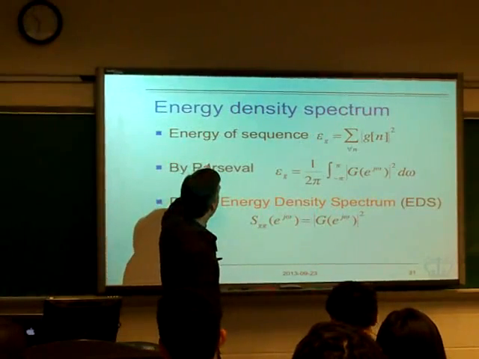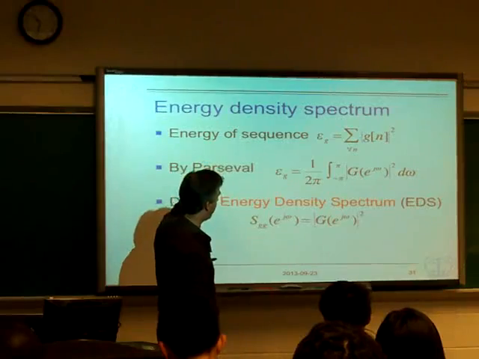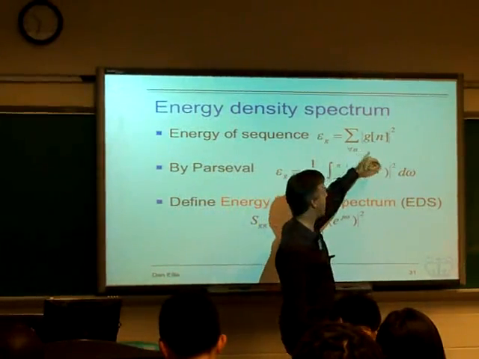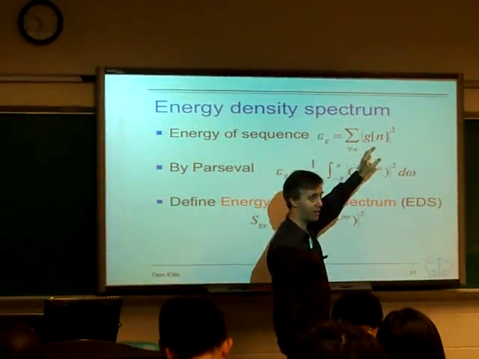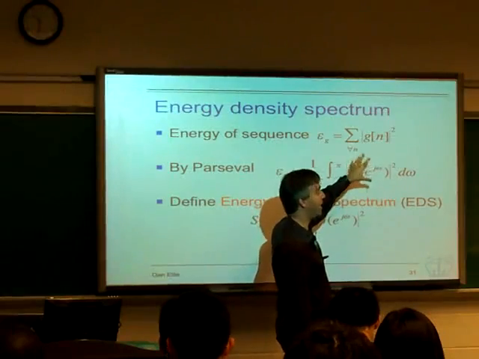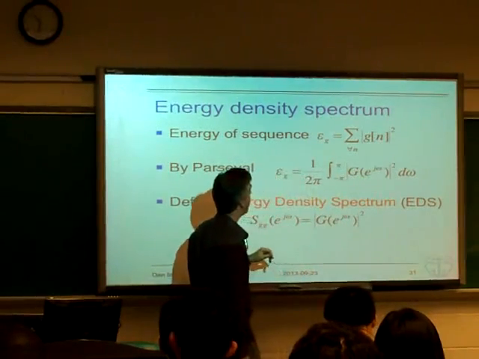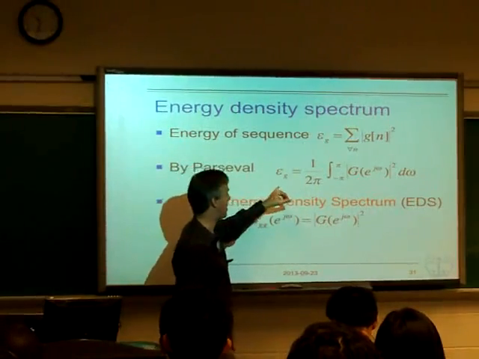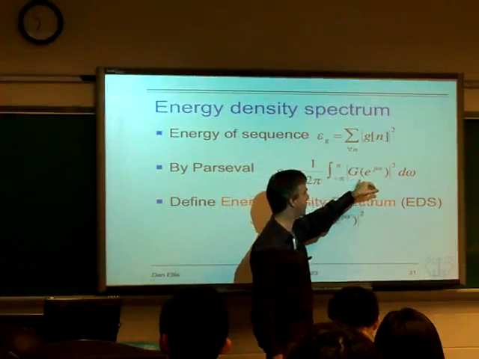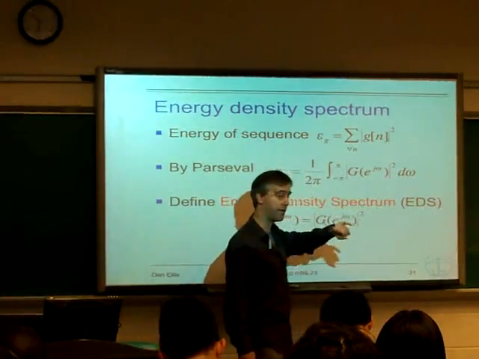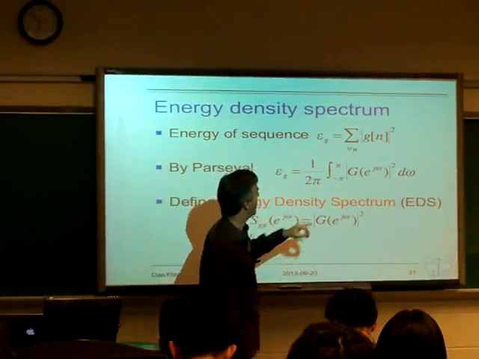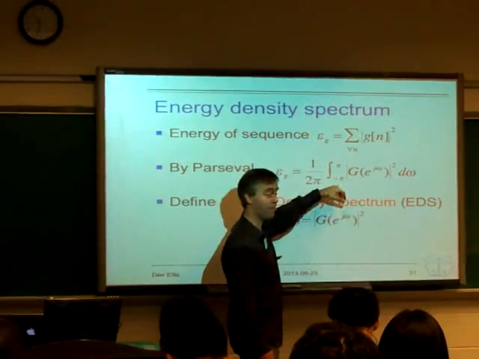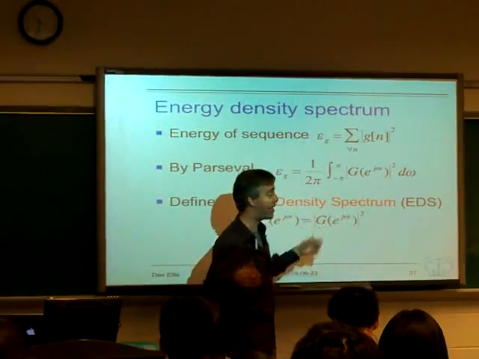So just to follow that through, we can define the energy of a sequence as the sum over all time of its squared values. Hopefully if it's finite length, this will be a finite value. And we just saw by Parseval's relation that that's the same as the integral of the magnitude squared of its spectrum over all frequencies. Because this is a periodic spectrum, all frequencies is just from minus pi to pi, because beyond that it just repeats.